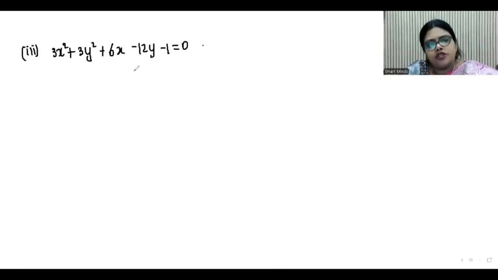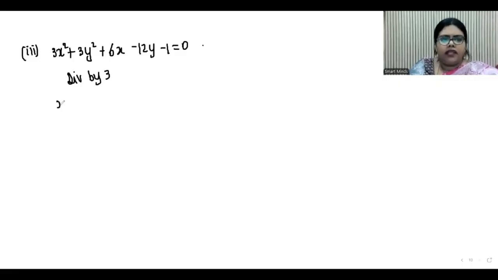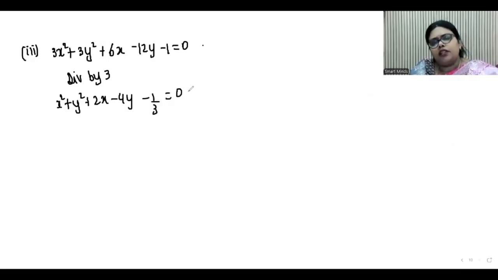Take the next question. 3x square plus 3y square plus 6x minus 12y minus 1 is 0. So first dividing by 3, we will get x square plus y square plus 2x minus 4y minus 1 by 3 is 0. Comparing with the general equation.